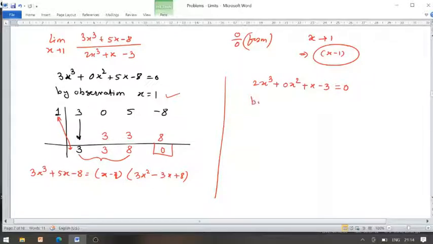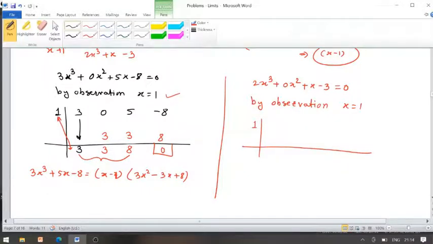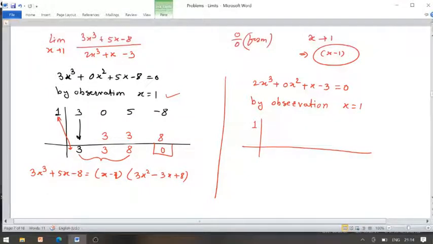By observation again, since x tends to 1, x equals 1 is one of the roots of the given cubic equation. The remaining factors or roots can be found using synthetic division. So here the multiplier or divisor becomes 1.